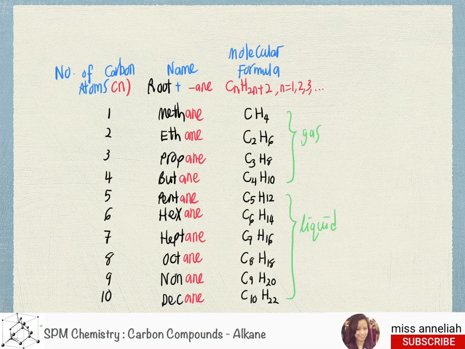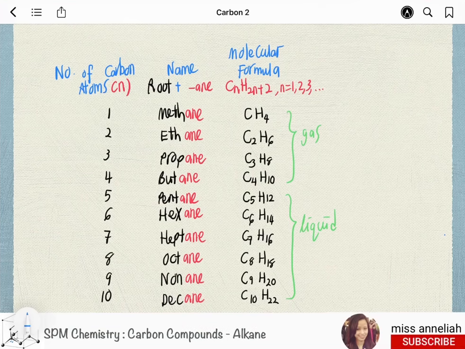The molecular formula does not show how the atoms in the molecule are bonded to each other. 1 carbon atom, the root name is meth, and the ending is ane, so methane. 2 carbon atoms, the root name is eth, so the name is ethane. 3 carbon atoms, prop, so the name is propane. 4 carbon atoms, the root name is but, so the name is butane. And from 5 carbon atoms to 10 carbon atoms, we have pentane, hexane, heptane, octane, nonane, and decane.